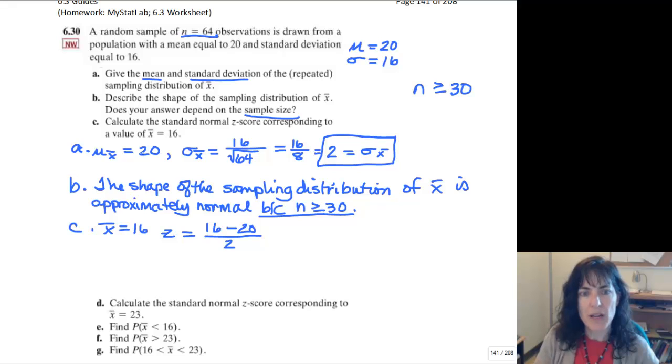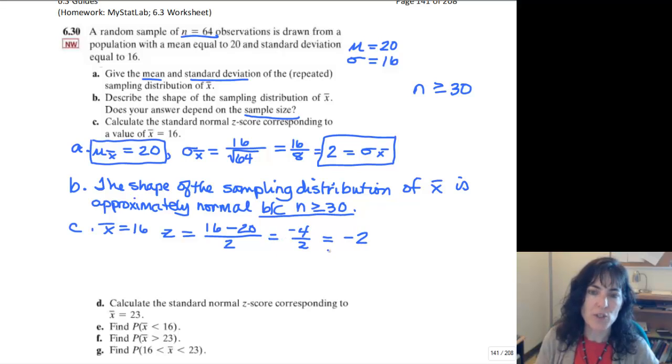So I use my mu of x bar, which happens to also be my population mu, and then the sigma of x bar. So I'm going to use those two when I calculate the z-score. So 16 minus 20 is negative 4 over 2, which is going to be negative 2. So my z is negative 2.